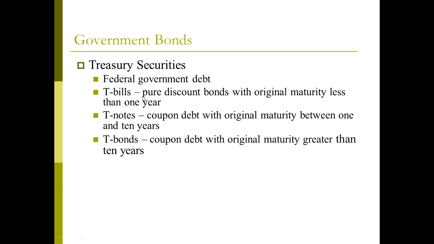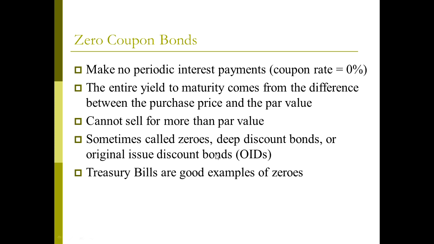T-bills are the pure discount bonds with the maturity less than 1 year. T-notes, or the treasury notes, have maturity between 1 and 10 years. T-bonds most of the time have greater than 10 years maturity. Okay.